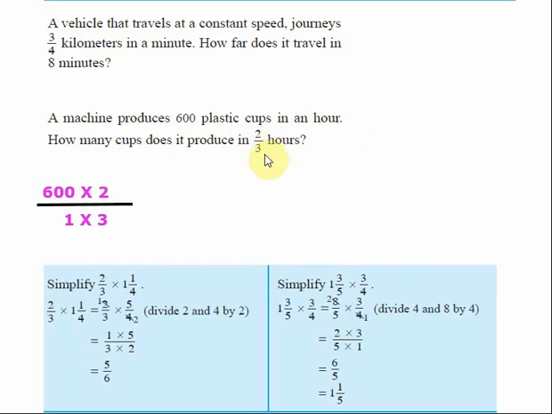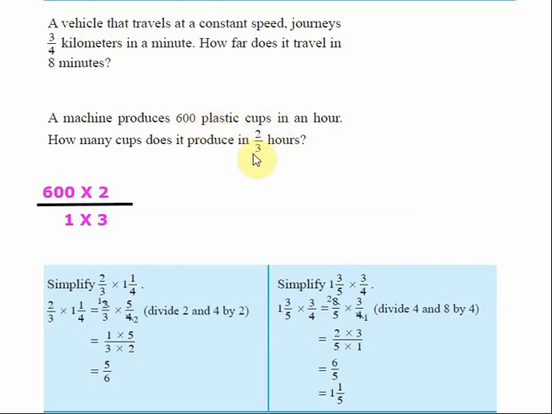So multiplied by 2/3, right? 600 multiplied by 2/3. Why? In 1 hour it produces 600, you need to find for 2/3. So if you know the 1, then you can multiply it by any required number. So here the required number is 2/3 hour.